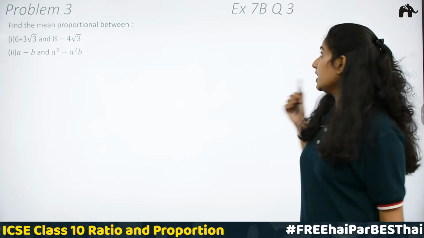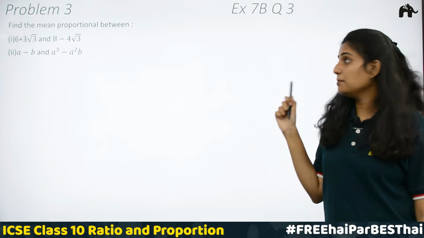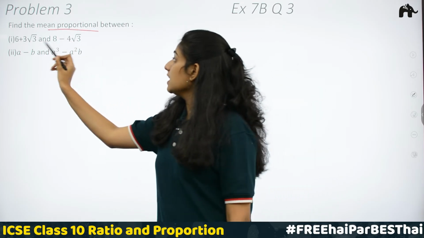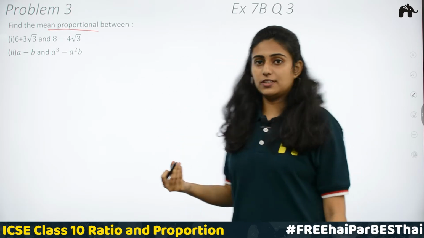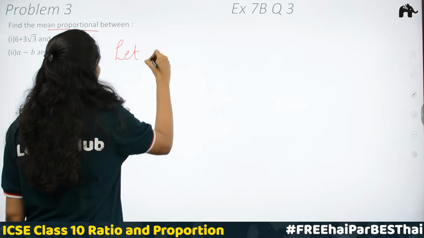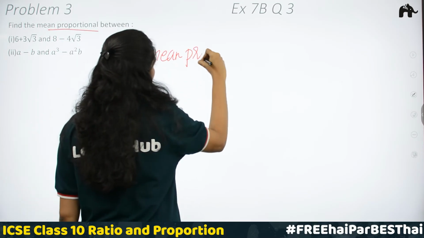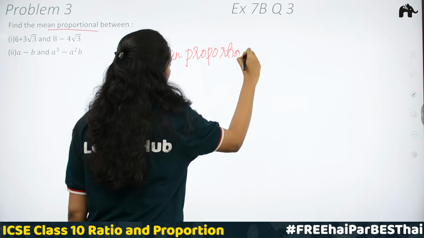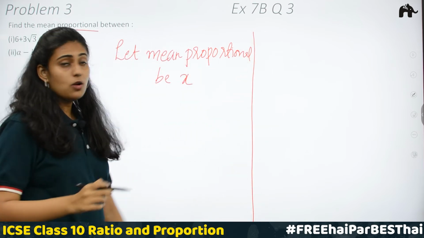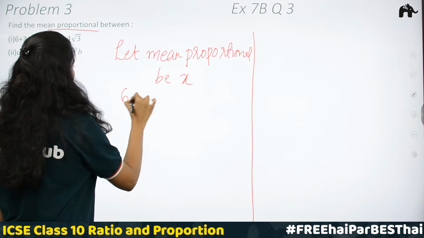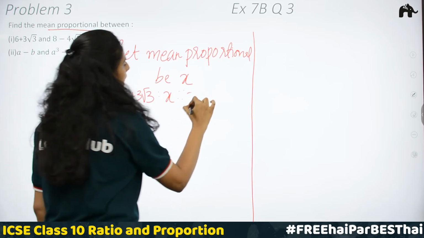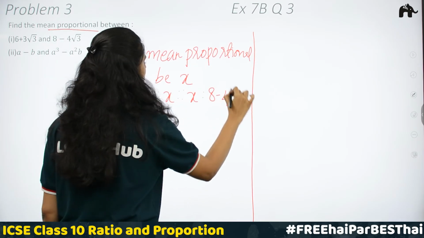Understood? Now the next question, problem 3, question 3 of exercise 7b. Find the mean proportional between, first one, 6 plus 3 root 3 and 8 minus 4 root 3. Here we have to take the mean proportional as x. Let the mean proportional be x. Now, this can be written as 6 plus 3 root 3 is to x as x is to 8 minus 4 root 3.